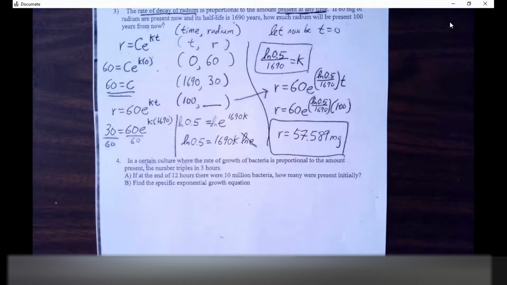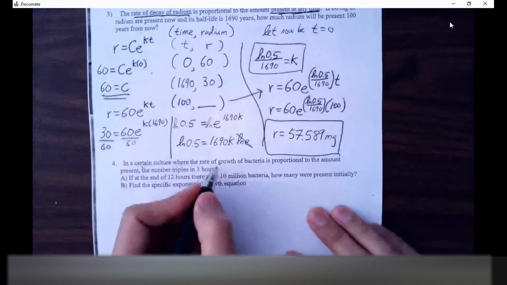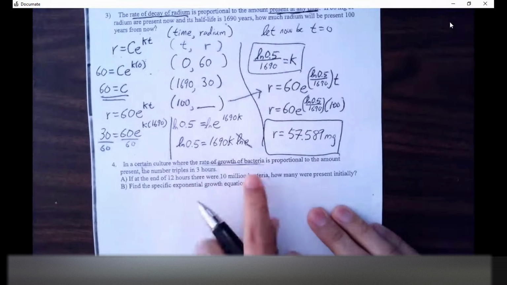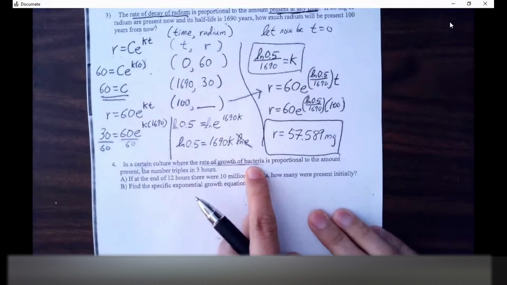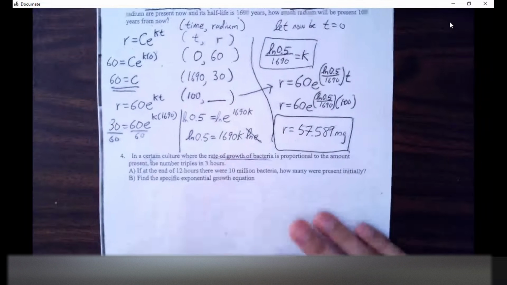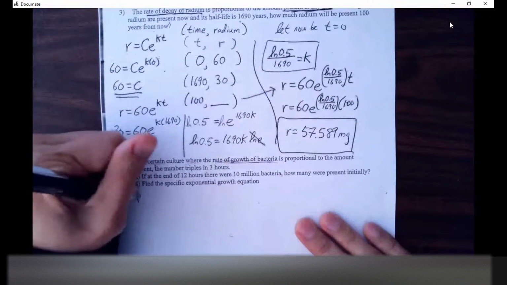In a certain culture where the rate of growth of bacteria is proportional to the amount present, the number triples in 3 hours. Okay, so let's look at what this is saying here. Rate of growth of bacteria, we know that we can let B represent bacteria, but we see rate of growth, so we know that this is some sort of a derivative, so we'll say B prime.